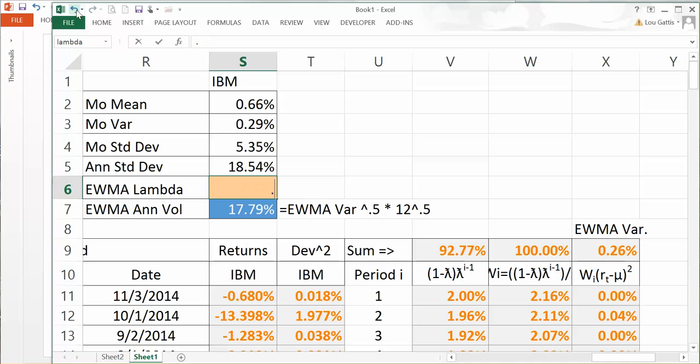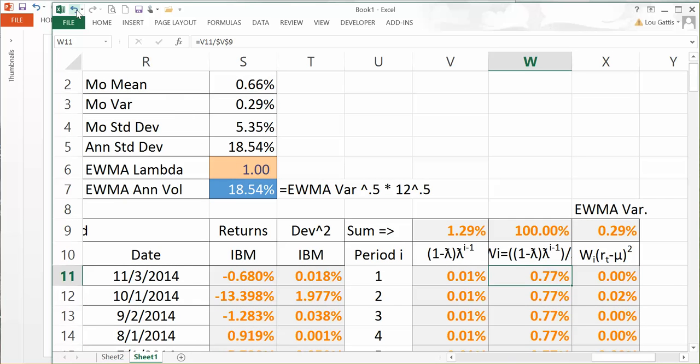As the lambda approaches 1, let me put in 0.9999, now the weights approach equal weighting, and actually my volatility becomes the simple average standard deviation that we calculated before. So as we move this away from 1, we're starting to weight the more recent data more.